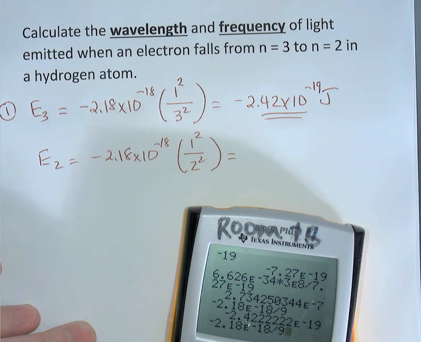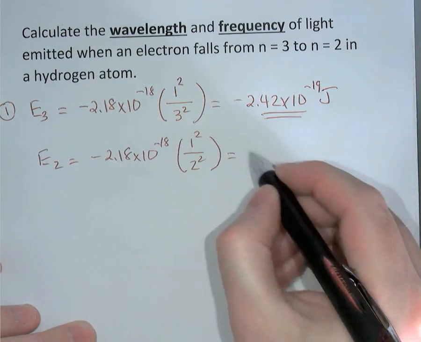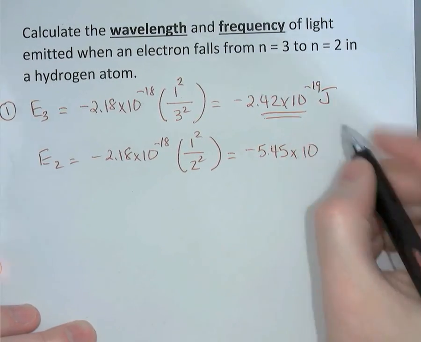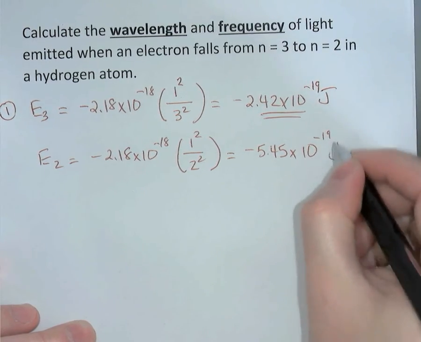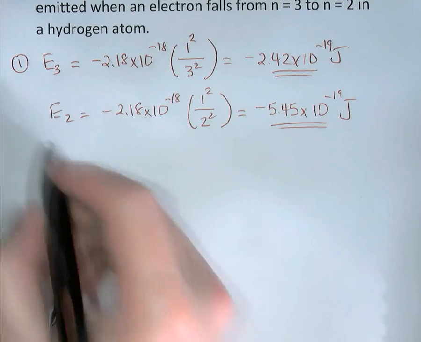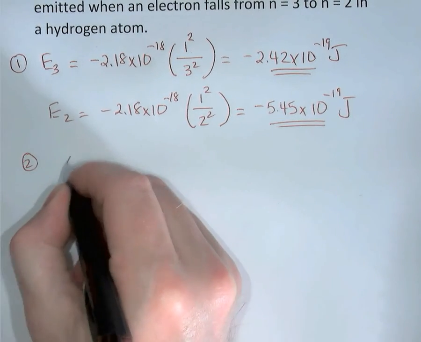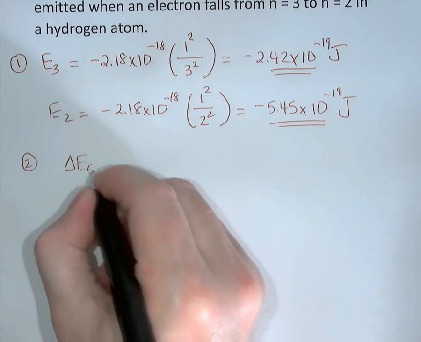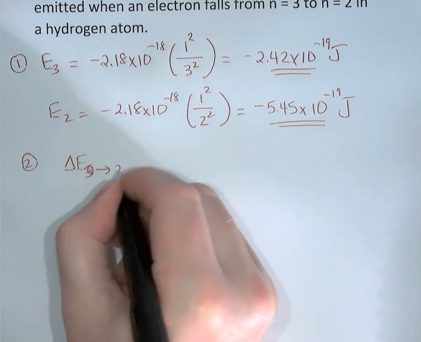And doing the calculation again, but this time dividing by 4, we get negative 5.45 times 10 to the minus 19 joules. And that's the energy it finishes with in the second energy level. Next, we'll find the change in energy as we go from level 3 down to level 2.